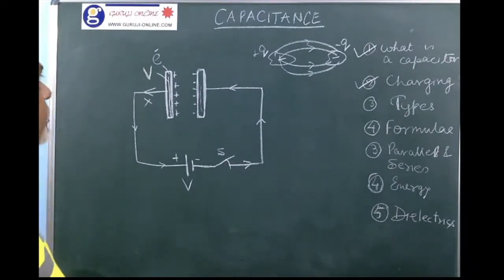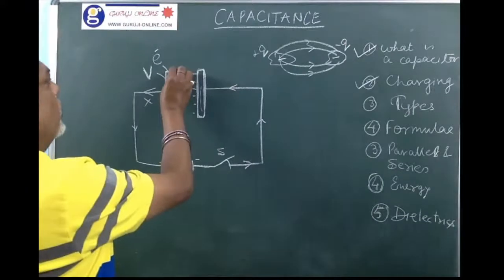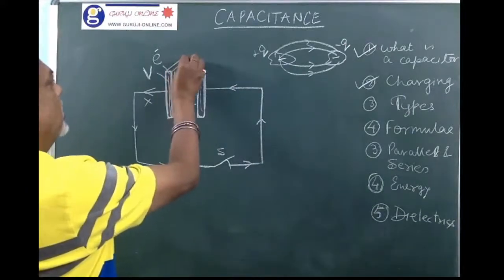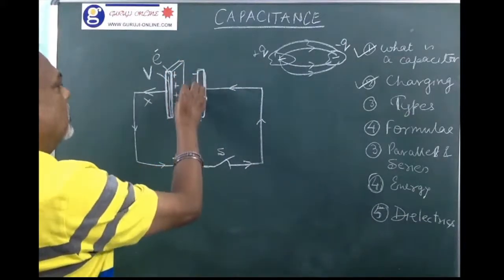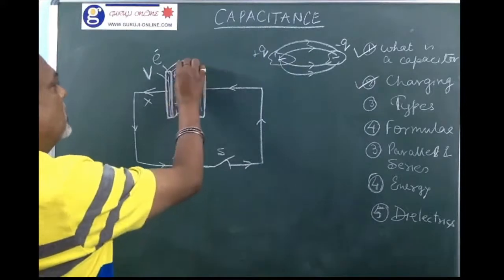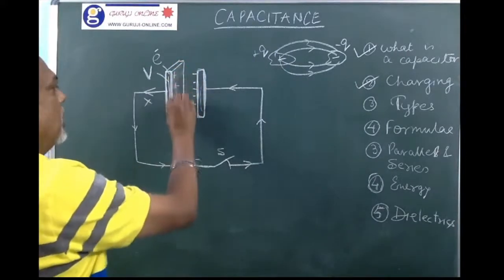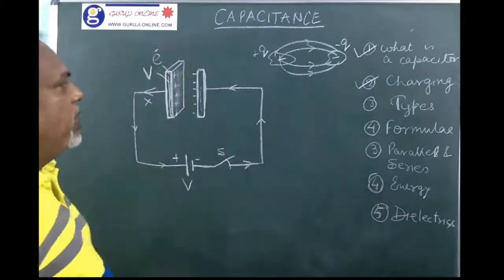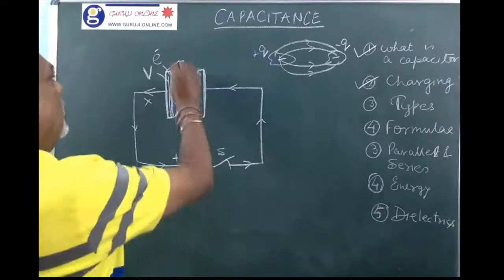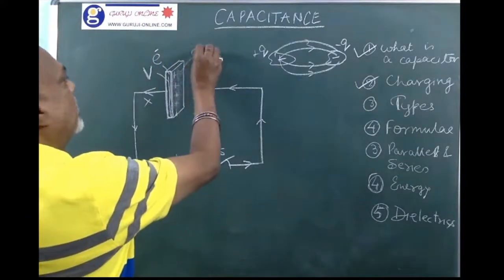Correct? If you enlarge this plate like this, what is this surface? This will basically be an equipotential surface.